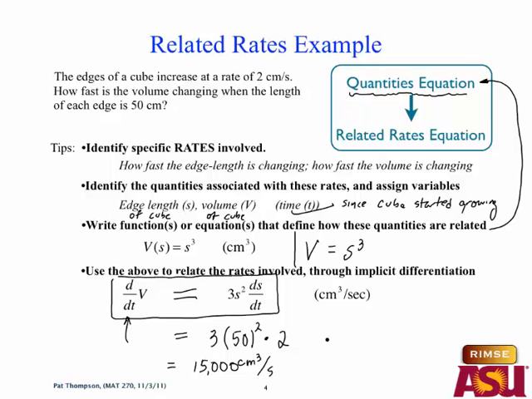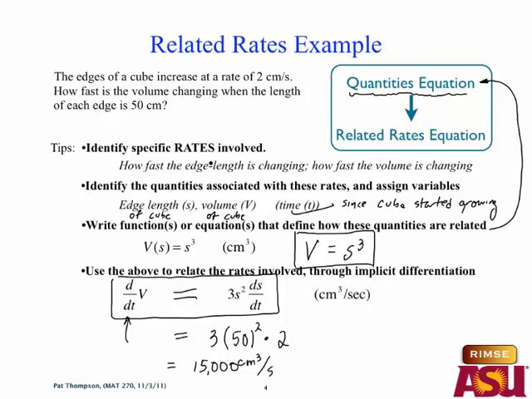Okay. All right, here we go. So again, what's the key? The key is this. Getting started, if you want a related rates equation, that will always come from the equation that relates the quantities. So you've got to know what quantities you need, and you're going to know those quantities by starting by identifying the rates.